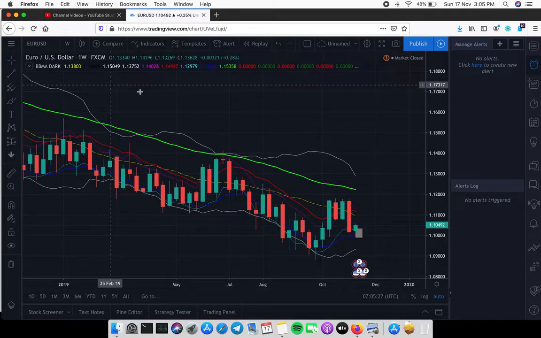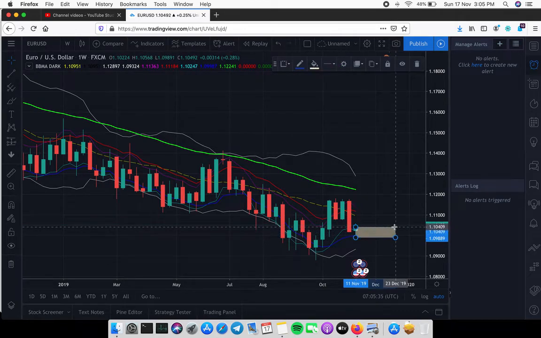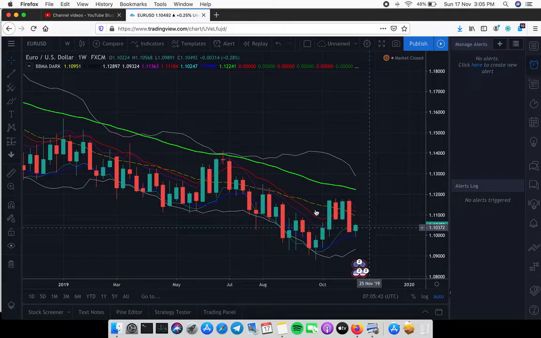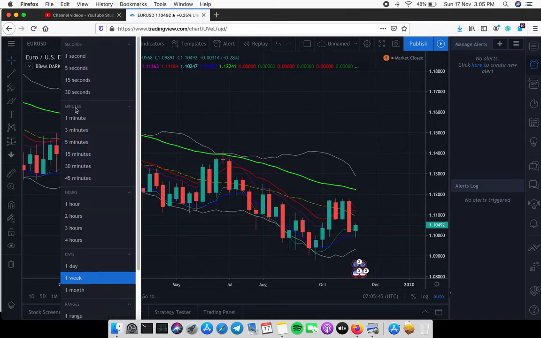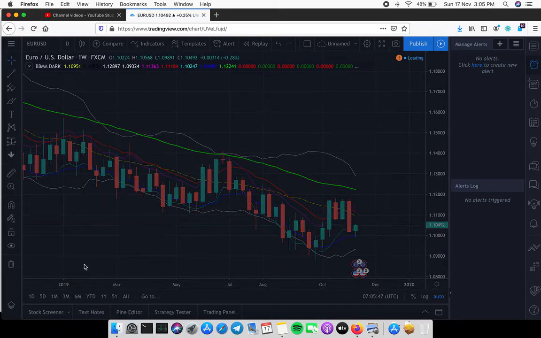Euro USD on the weekly time frame is a re-entry buy. It's pretty clear here. It's a re-entry buy, with quite a small cut loss region here. Then we drop into the daily time frame.